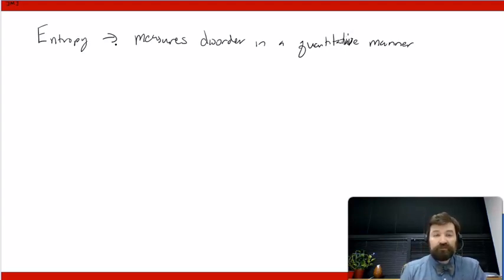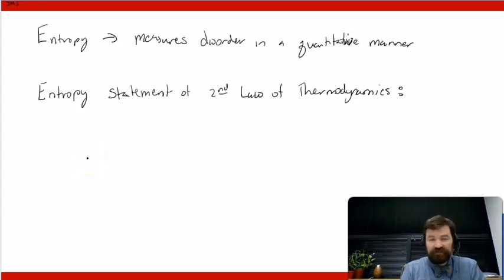Now, the entropy statement of the second law states that for any natural process, there will be an entropy increase for all systems collectively taking part. It means you can decrease entropy in one system, but you have to do that at the cost of increasing it in some other system.